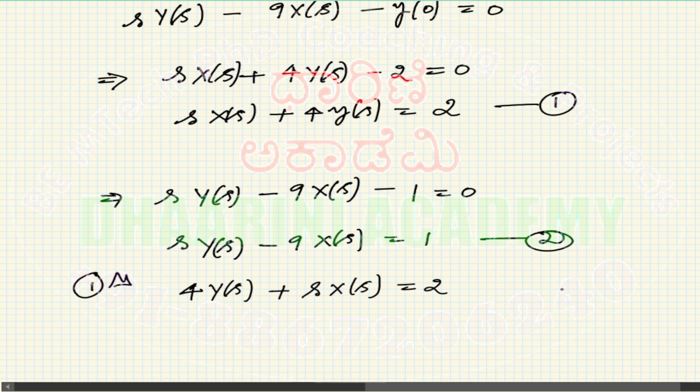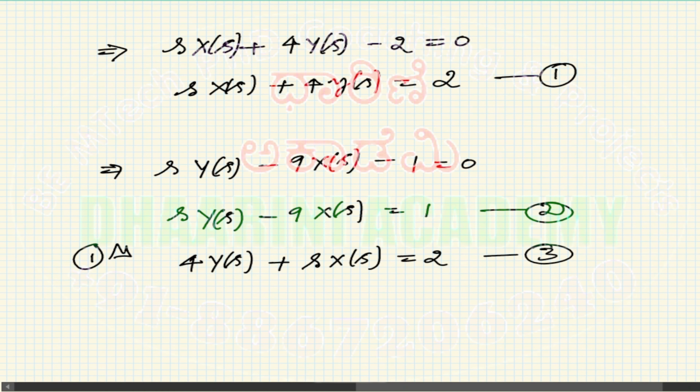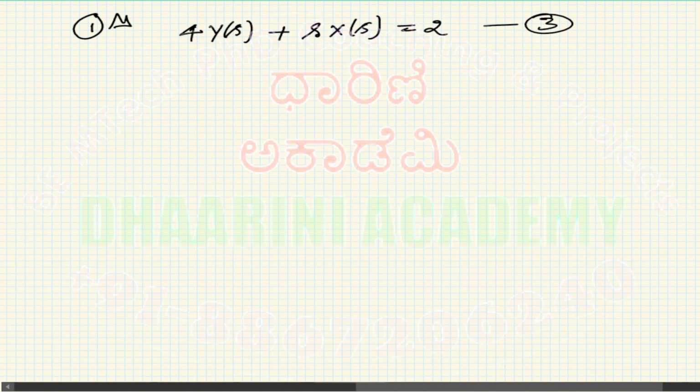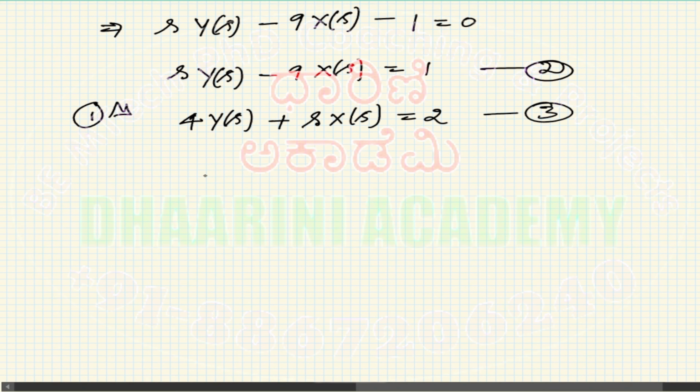I'll call this 3. Now I need to make their terms equal, either the first one or the second. So I multiply the second equation by s, and equation 3 by 9.